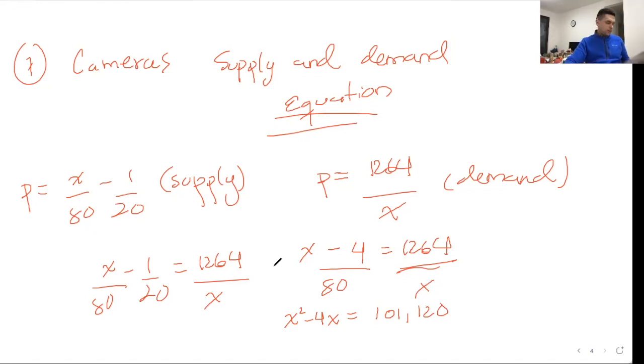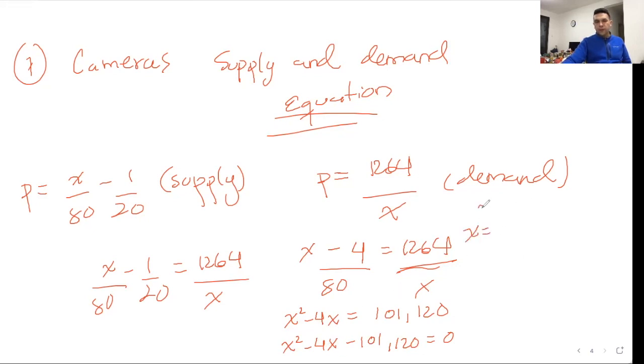If you rearrange this, you get x squared minus 4x minus 101,120 equals 0. From this, we can use the quadratic equation and plug the values in.